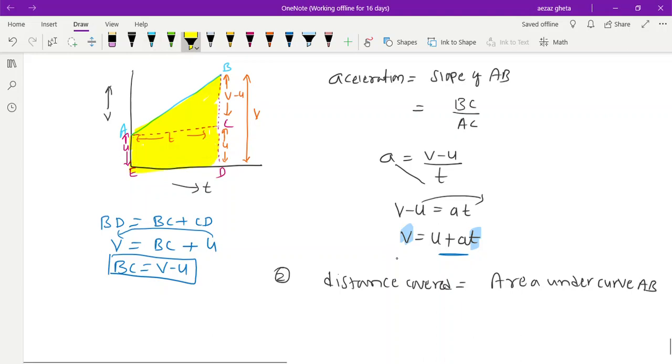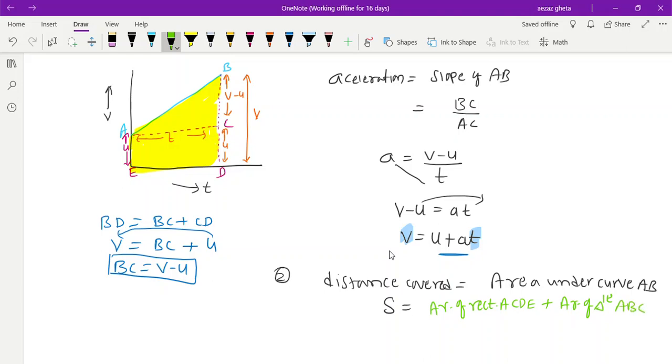Now in this area under curve AB, you can see that there are two shapes. Distance is s, the area under the curve, and two shapes are there. One is the area of the rectangle ACDE, plus the area of the triangle ABC.